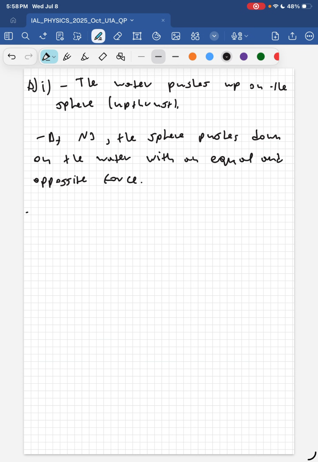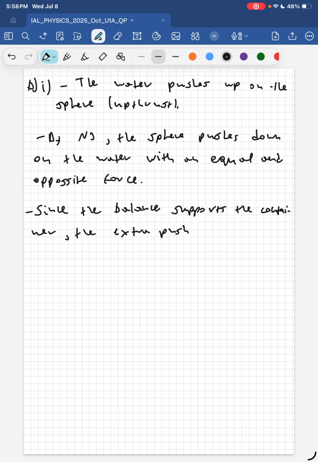Since the balance supports the container, the extra push adds to the balance, so the reading increases. So that's a good enough answer.